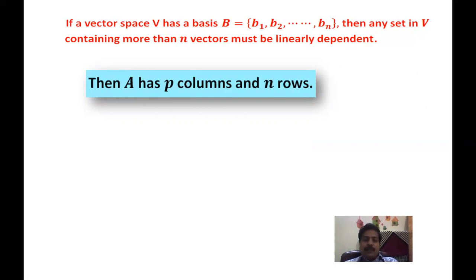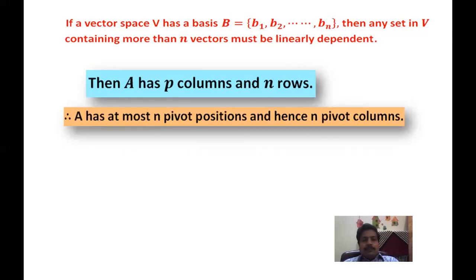Since there are p vectors T u1, T u2 and so on T up, there will be p columns. And since the basis contains n vectors, each column matrix has n rows. So the matrix A has p columns and n rows, and p is greater than n.